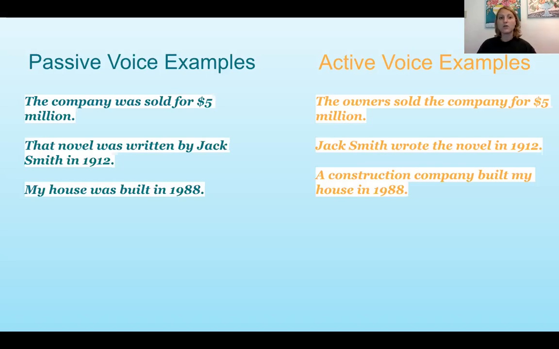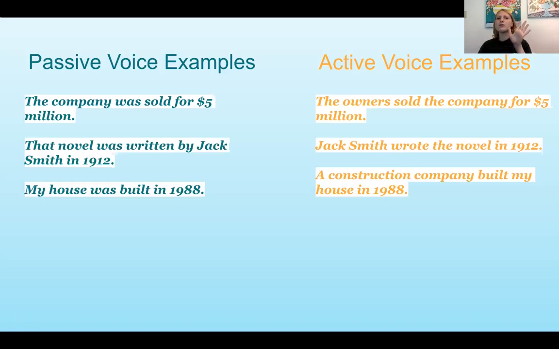The company was sold for $5 million. Now, this leads you to a question. And remember, we talked about those 5 W's. You have a who, what, when, where, and why, sometimes how. That's not a W, it just gets added in. So, who, what, when, where, why.